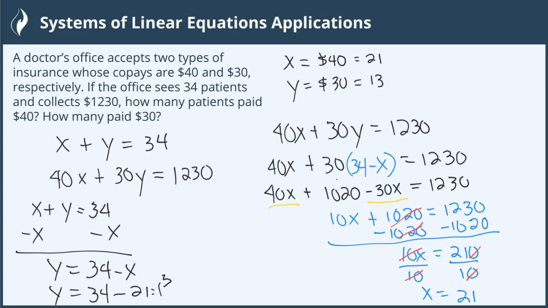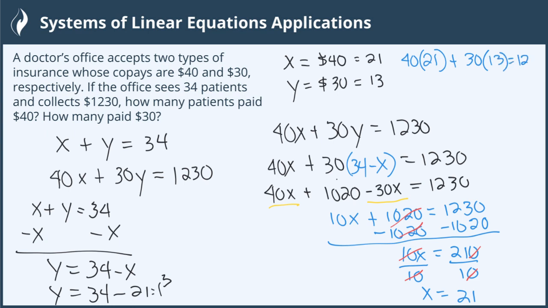Now we need to check that. Since we used the first equation to get the 21 and the 13, I'm going to use the other equation, substitute in, and see if it works. We have 40 times X, which is 21, plus 30 times Y, which is 13.